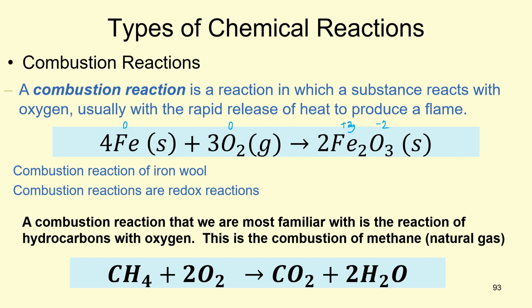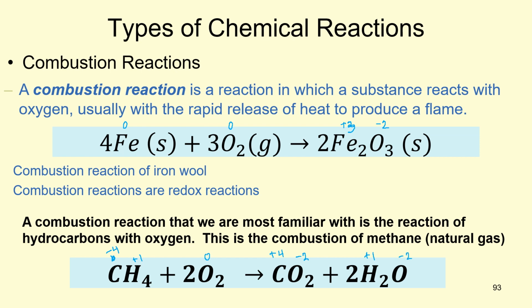Here, carbon is a -4 because hydrogen is a +1. Here, elemental oxygen is 0. When carbon's attached to oxygen, it's a +4. And the hydrogen is still +1, and the oxygen's -2.